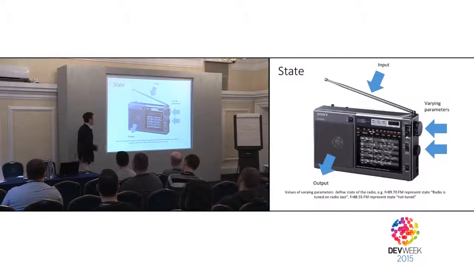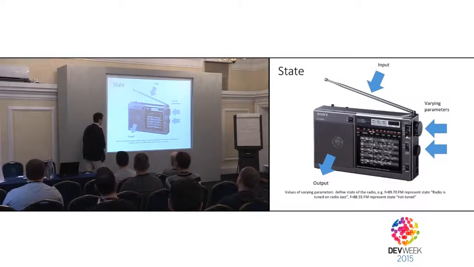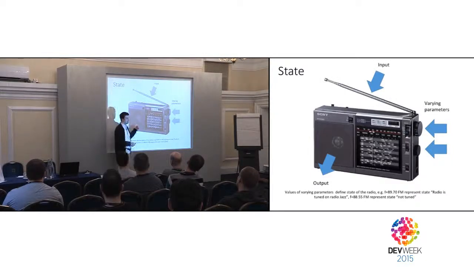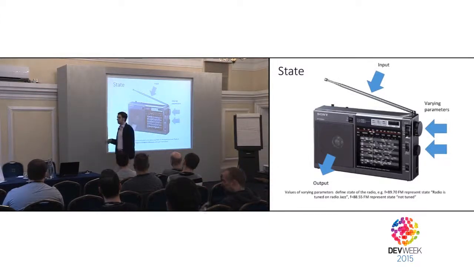Here's another analogy that we can use to better understand the concept of state. For example, this system is a radio receiver. It has input and output. Input is radio waves, and the output is sound. This system has a number of varying parameters. The buttons and knobs that we can turn on, off, and roll change its state.